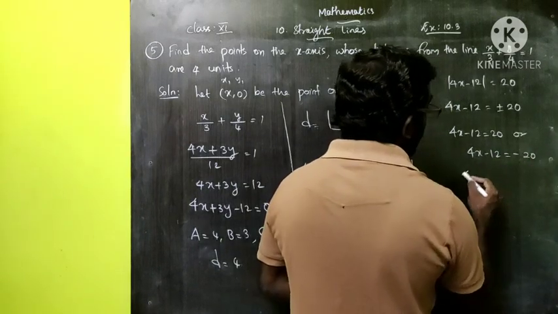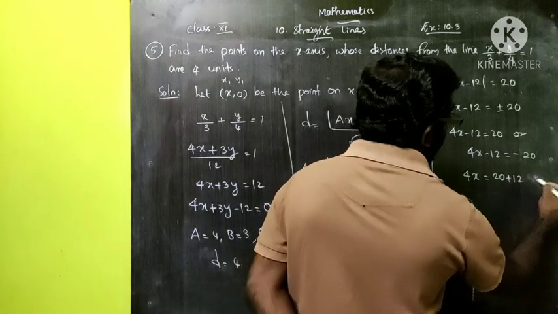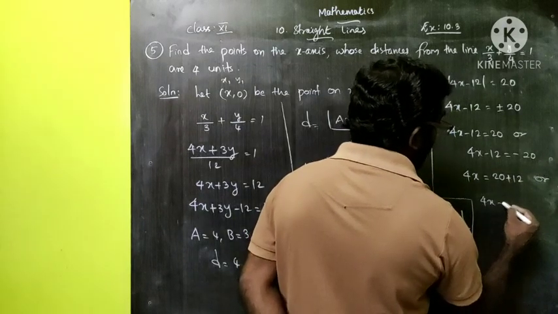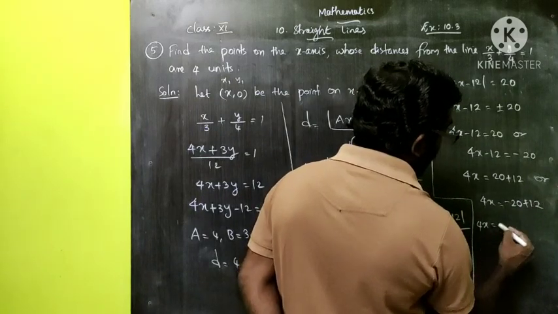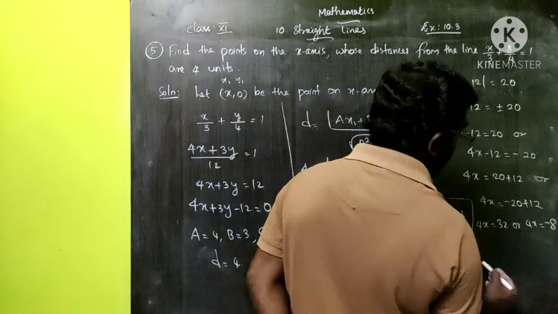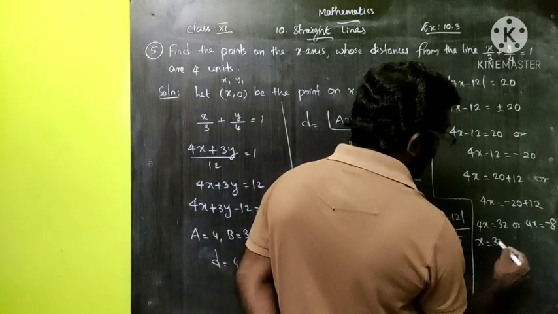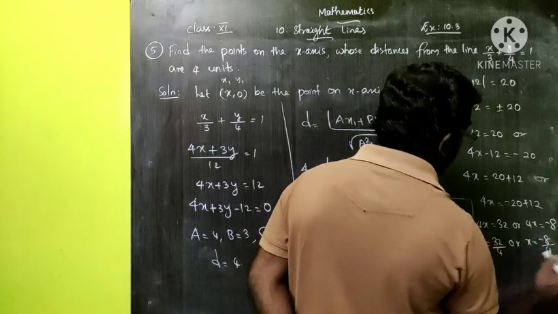That is 4x is equal to 20 plus 12, or 4x is equal to minus 20 plus 12. That is 4x is equal to 32, or 4x is equal to minus 8. x equal to 32 divided by 4, or x equal to minus 8 divided by 4.